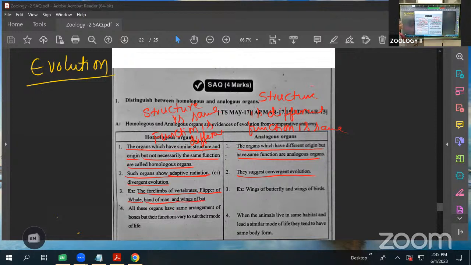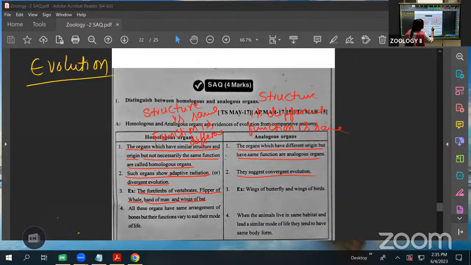The flippers are present in the whale. In the whale, four limbs are modified as flippers. In man, they are formed as a hand. And inside the bat wings, like this, their origin structure is same, but function is different. This is the example for the homologous organs.